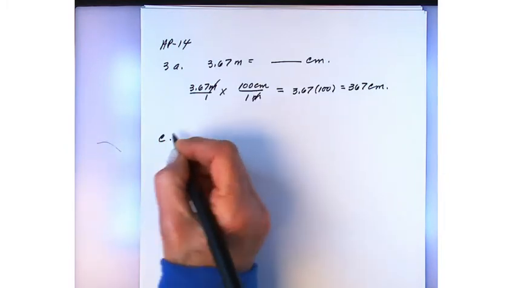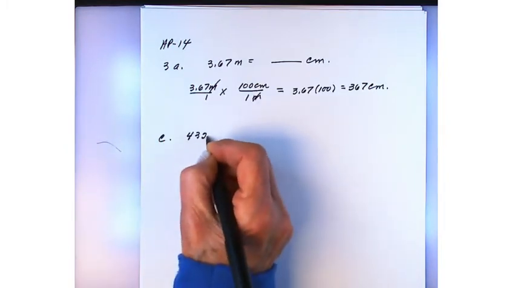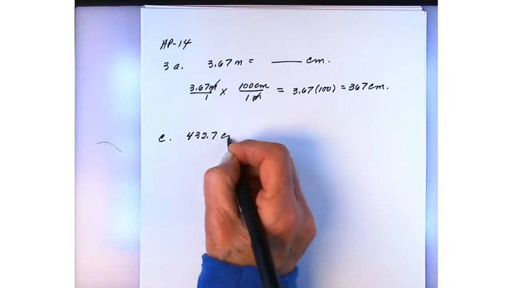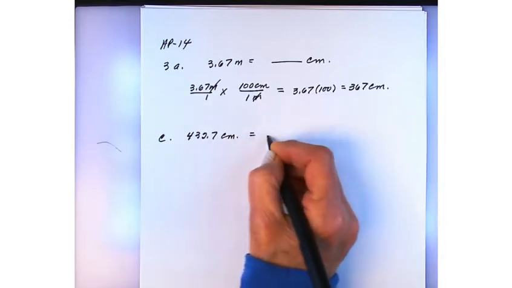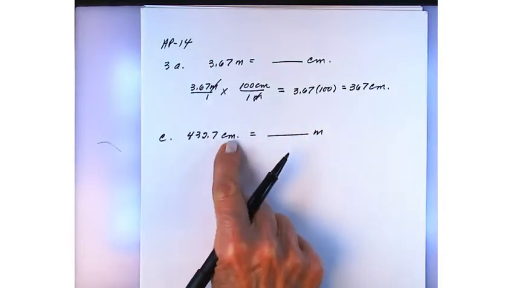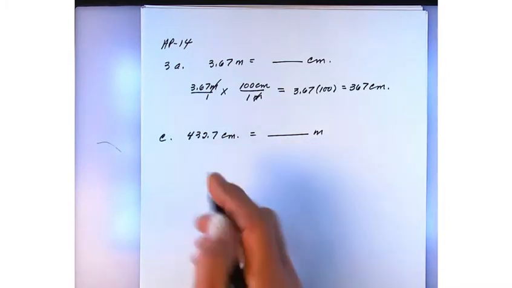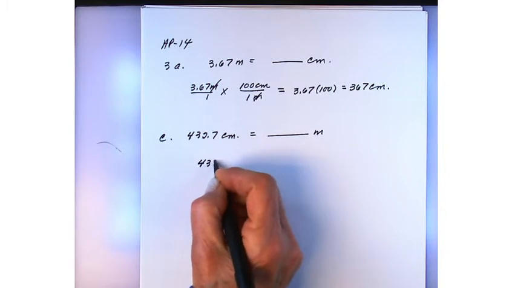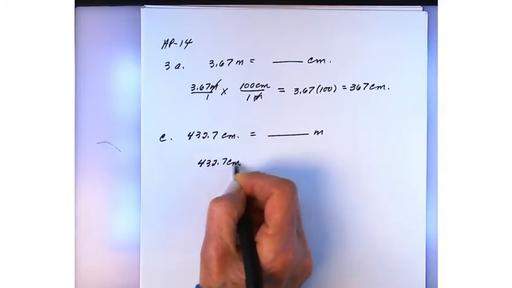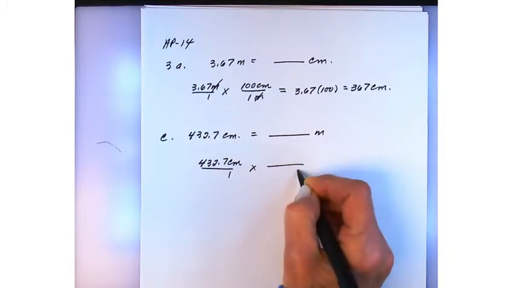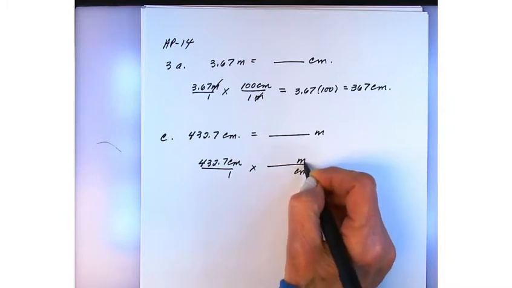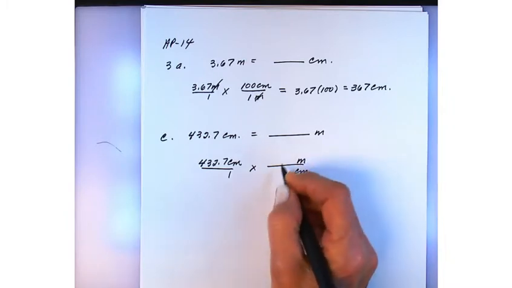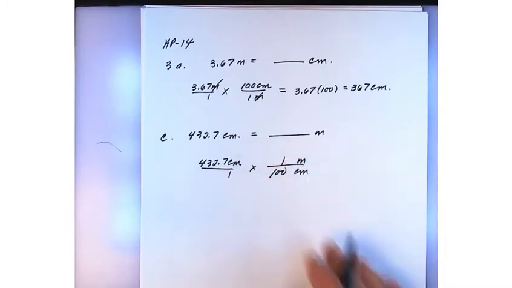Looking at C, 432.7 centimeters equals how many meters? We're going from units that are smaller to units that are larger. 432.7, out go the centimeters, in come the meters. Centi means 100.